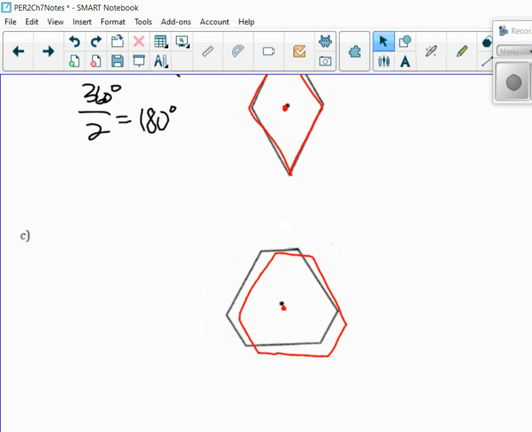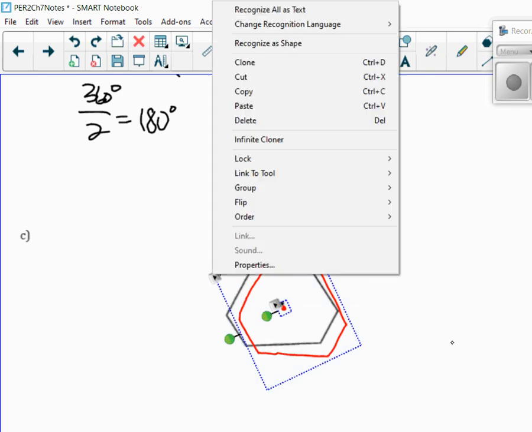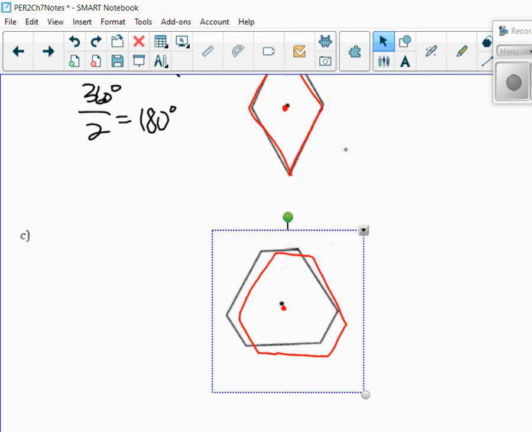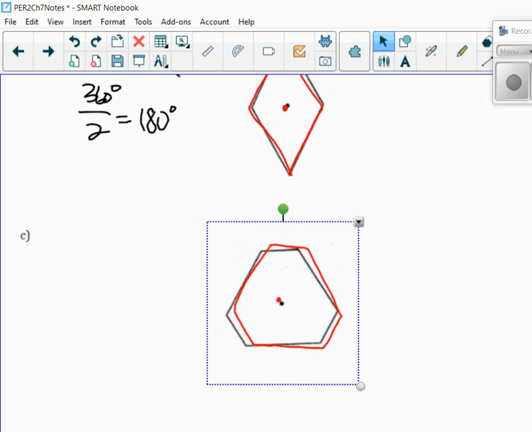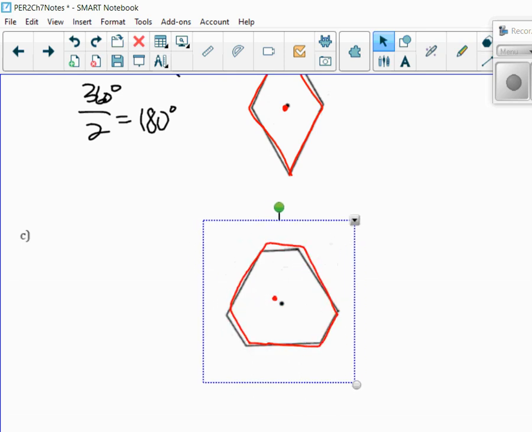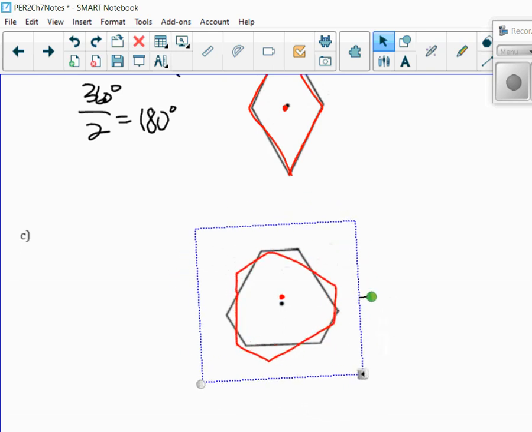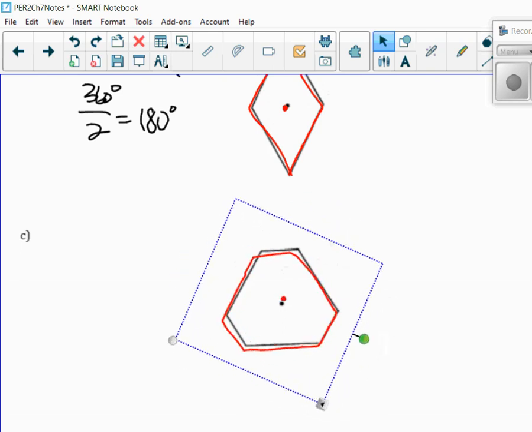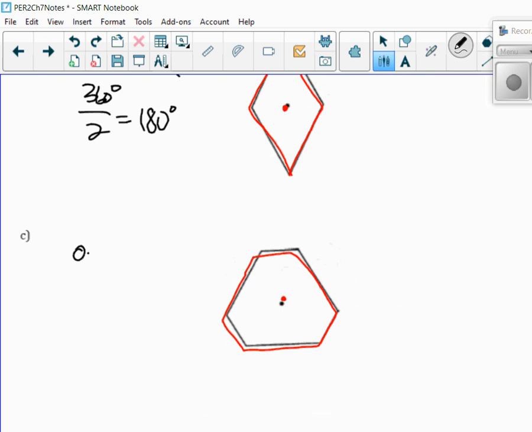Let's move it. I'll group it. Again, if I'm having technical difficulty moving this, that's 2. It's a little off. And 3. Okay, so order equals 3. 360 degrees divided by 3 means each one has an angle of rotation of 120 degrees.